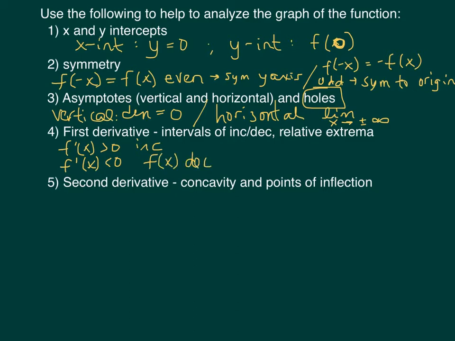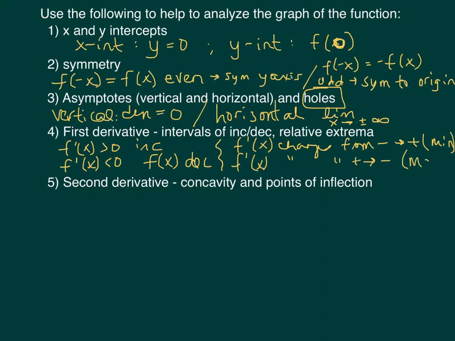We've also learned about relative extrema. You will have a relative min when f prime changes from negative to positive. And if f prime changes from positive to negative, we will have a relative max.